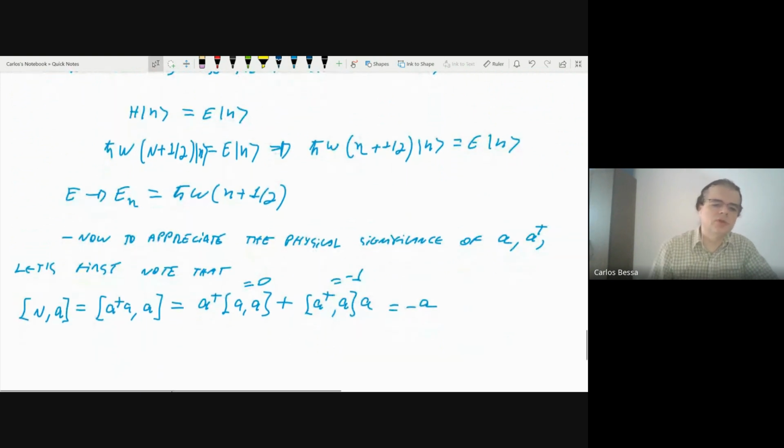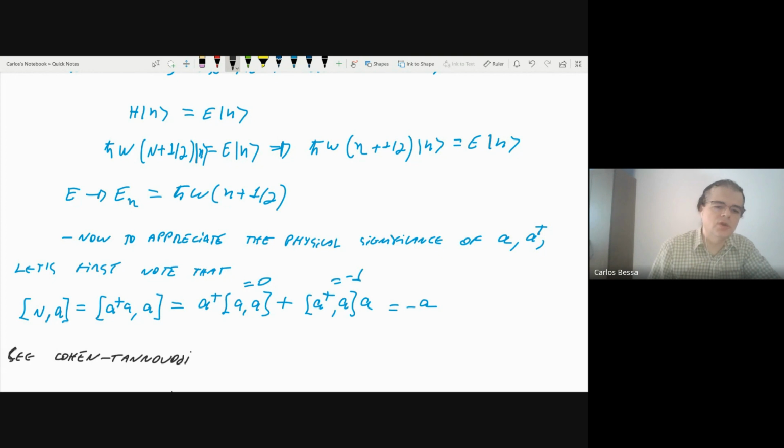Again, I'm not sure if in the prerequisites we solved in the math tools you see relations like this. But if you guys don't remember well, you can check this in the Cohen-Tannoudji, to see this type of relations.